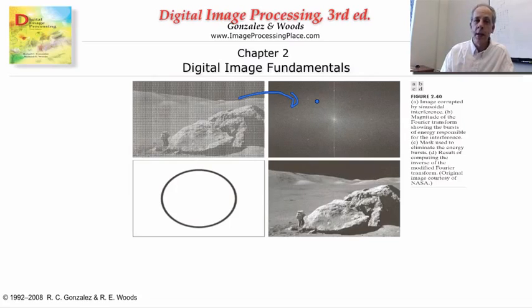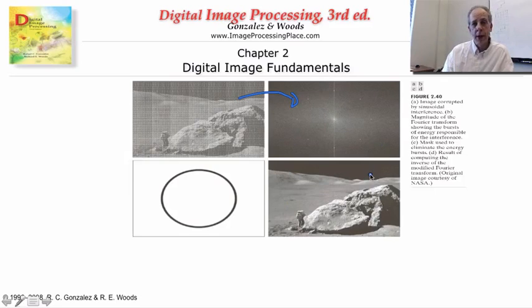So if you haven't taken any DSP class, don't worry. We're going to be able to do everything but this slide without knowing Fourier. So don't worry about that. But those of you that are familiar with Fourier will see that I can filter this, for example, with this filter, and then return. So I do a transform, I filter, and I come back, and I get a very clean image.